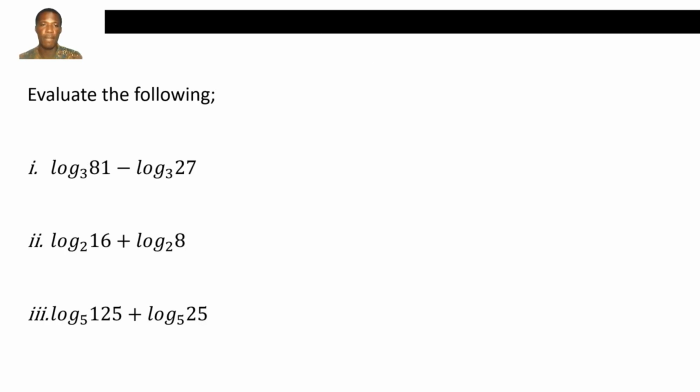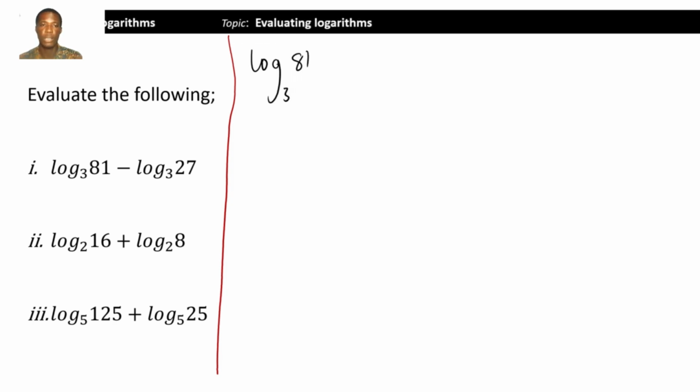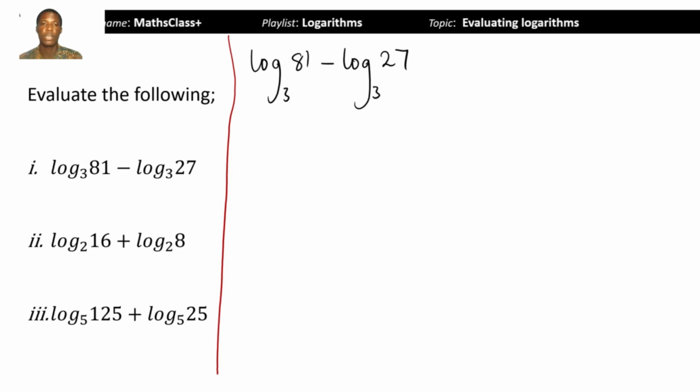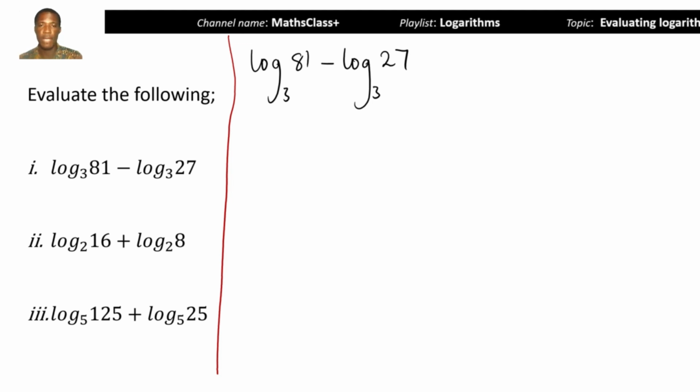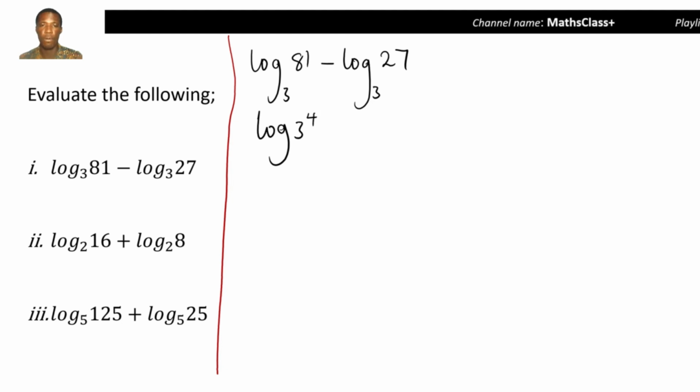Now we continue with the evaluation. Our first one here is log to the base 3 of 81. We are subtracting log to the base 3 of 27 from it. Okay, so if the log bases are 3 each, then let's see if we can convert 81 to 3 to the power something. So we can write it as log of 3 to the power 4, and then the base is 3.